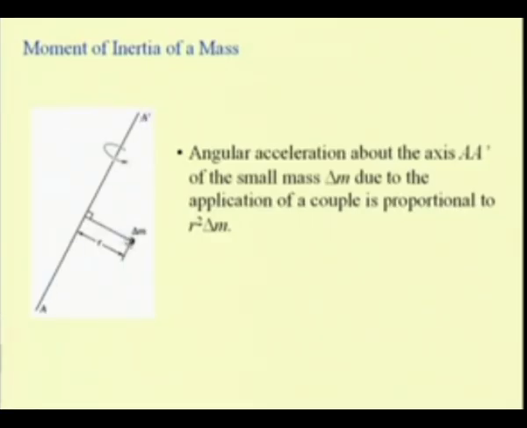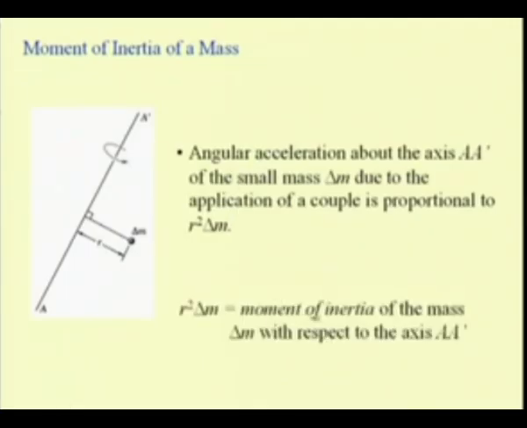That means, the distance of various particles of this delta m is assumed to be located at a distance of r from the axis. So, in that case, the angular acceleration is proportional to this term, that is r square delta m, when a torque is being applied. So, this term is the moment of inertia of the mass delta m with respect to the axis A prime.